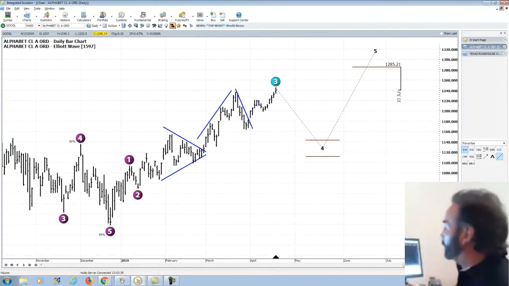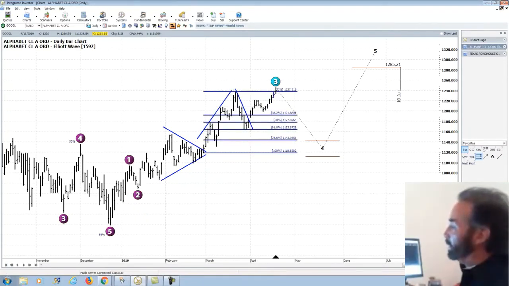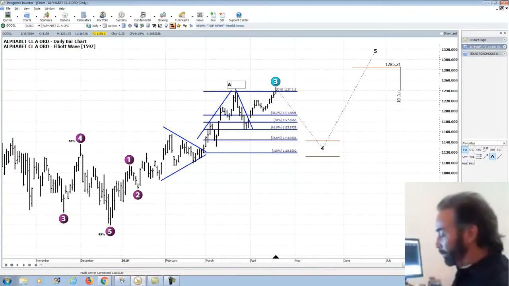So we want to take a look at our fib retracement just to see how far that retraced. Dead on the 61.8% level, my favorite Fibonacci level for pullbacks because it's a very strong level. And so we're in the C wave to the upside, so we can go ahead and label these as an A and a B. And then, of course, the question becomes, how far do we go from here?